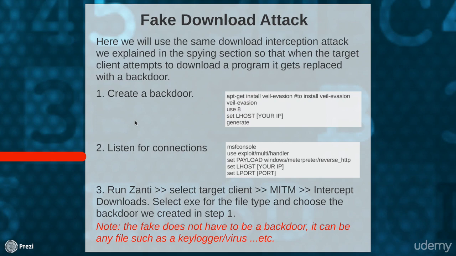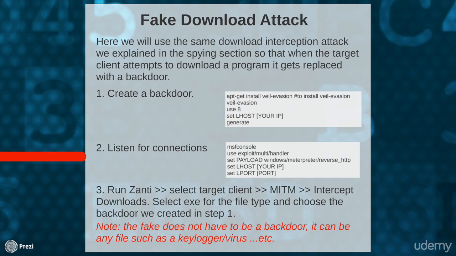Basically, the target person, some person in a network that we are connected to, is going to download an exe. We're going to replace this exe with our backdoor so that once he tries to run the exe that he downloaded, he will actually run our backdoor instead of the program that they think they downloaded.